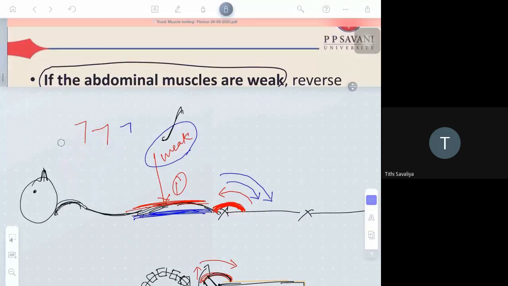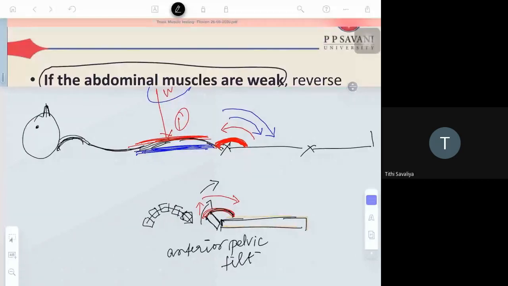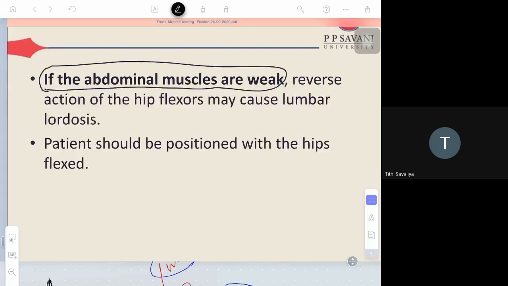Clear? What will happen if the pelvis is tilting anteriorly? Lordosis will be exaggerated in anterior pelvic tilt. That is what is mentioned here: if abdominal muscles are weak, reverse action of the hip flexors may cause lumbar lordosis.